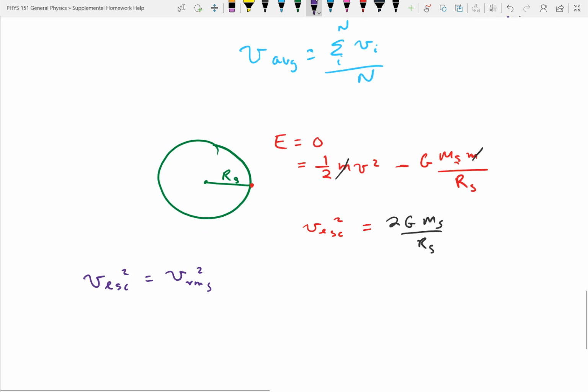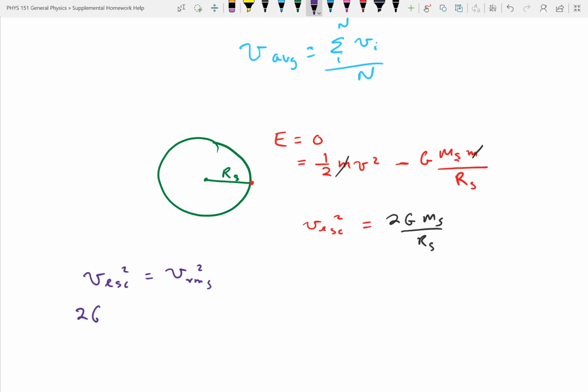And substitute those equations. So 2G mass of the sun over the radius of the sun is equal to 3, let's use the R, 3RT over the mass of a mole.